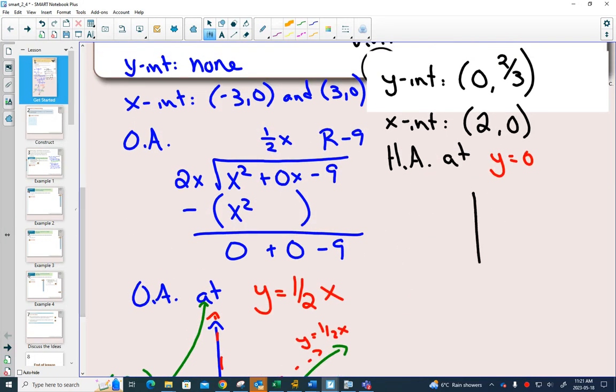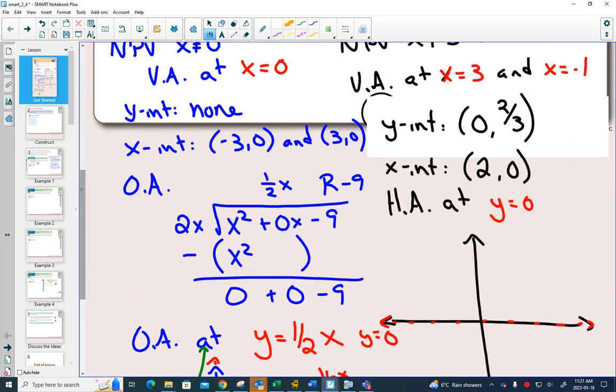So I'm going to sketch this one: horizontal asymptote at y equals 0, vertical asymptotes at -1 and 3. Y-intercept at (0, 2/3), x-intercept at (2, 0).